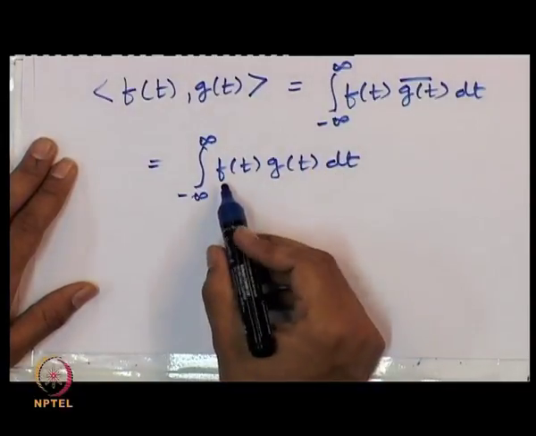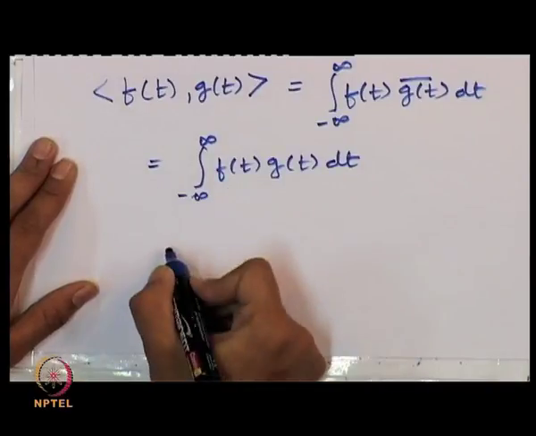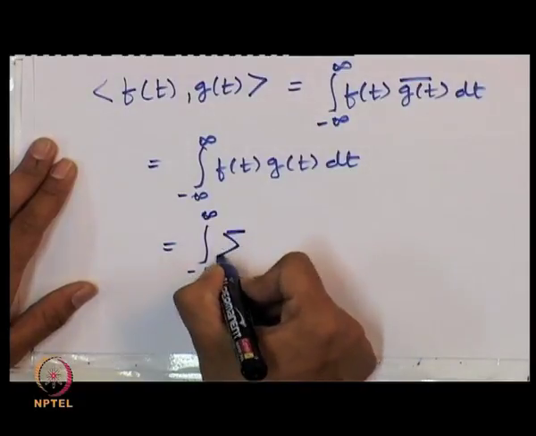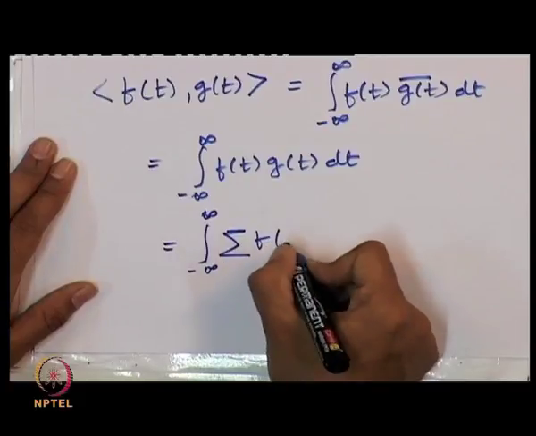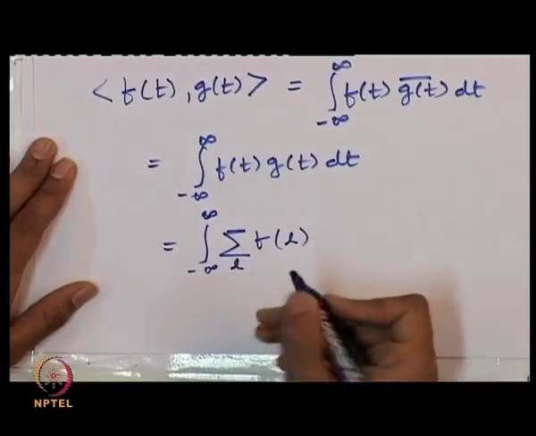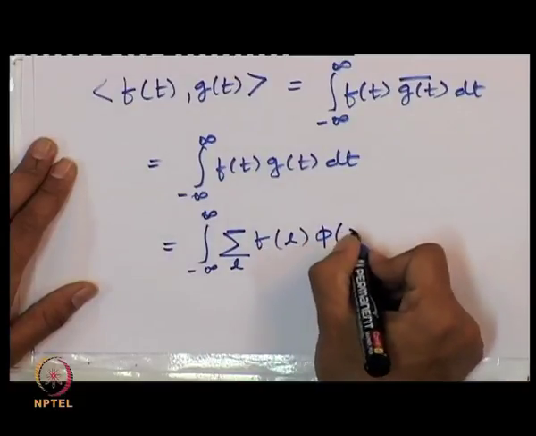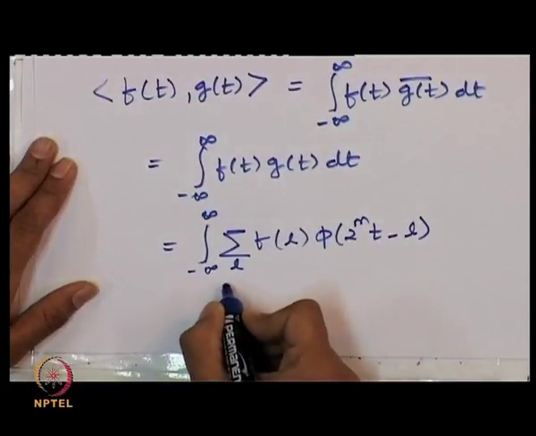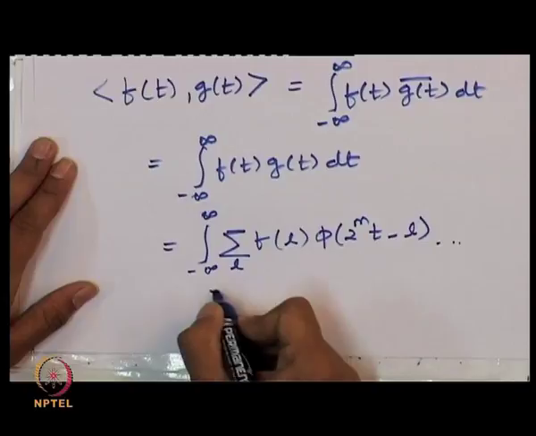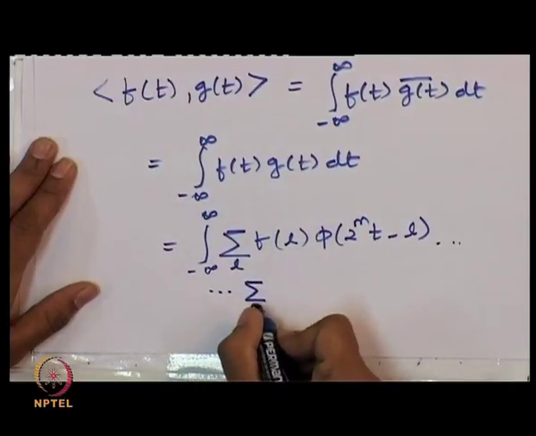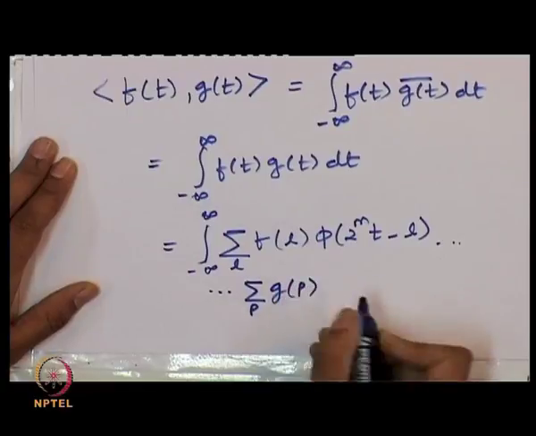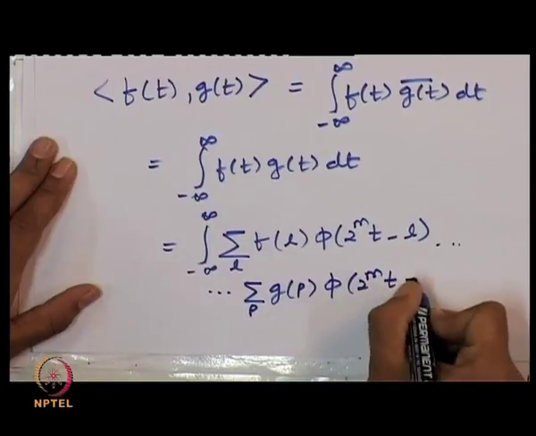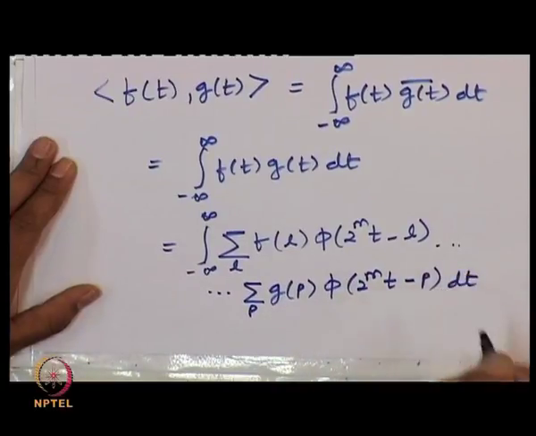We will try to substitute Ft and Gt in terms of the basis functions: sigma Fl phi 2 raised to m t minus L, where L is some dummy variable, and sigma Gp phi 2 raised to m t minus p, dt.